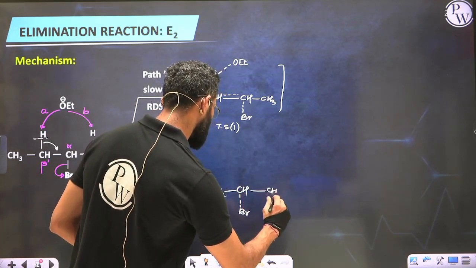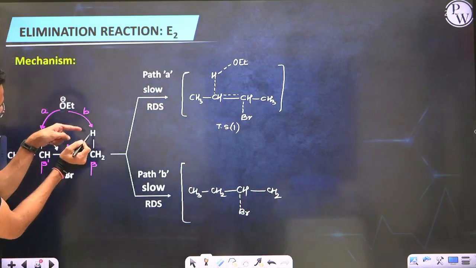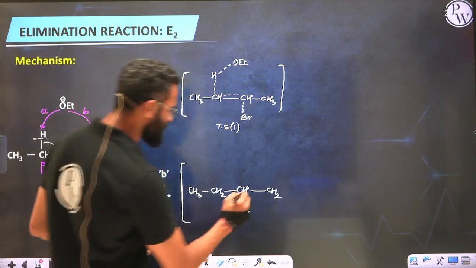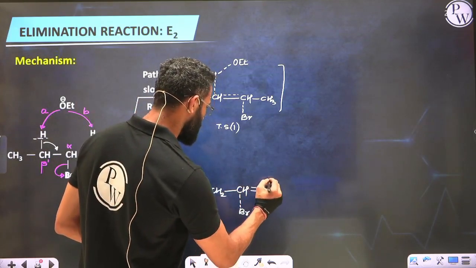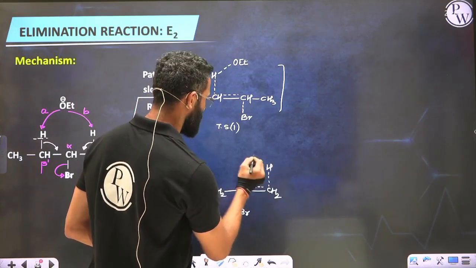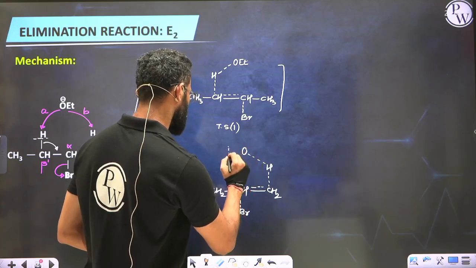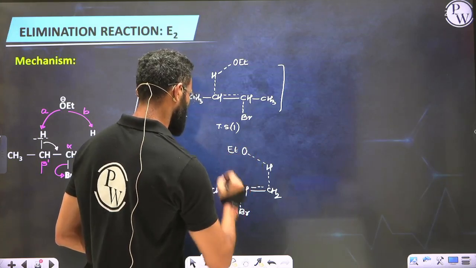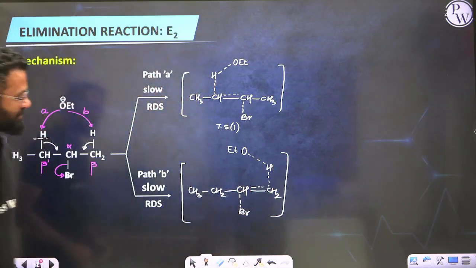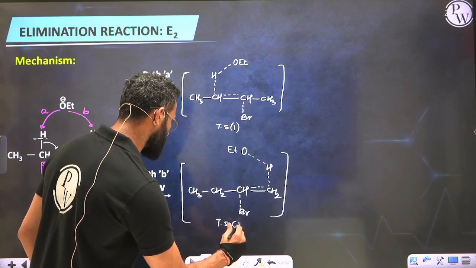Then we have got CH2 here. Since the beta hydrogen will be abstracted, this bond is going to shift here. So partial pi bond character here as well. This bond is in the process of breaking. So we have got OEt here as well. So that is also called transition state 1.